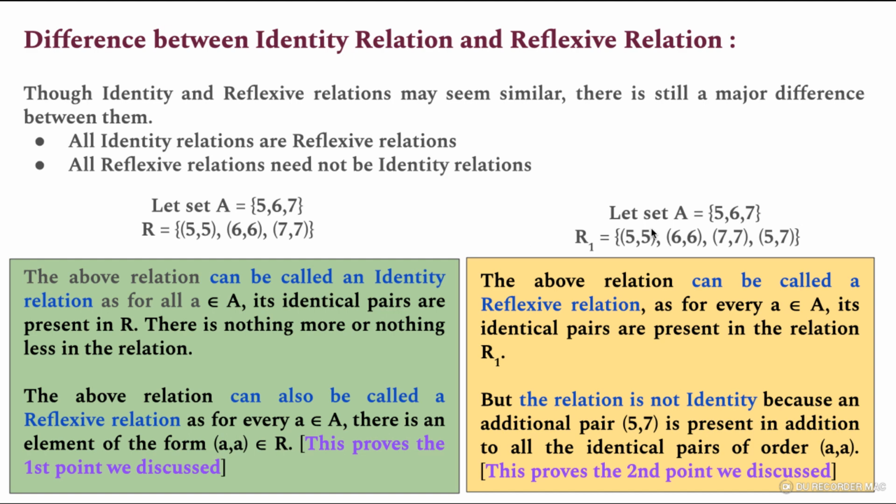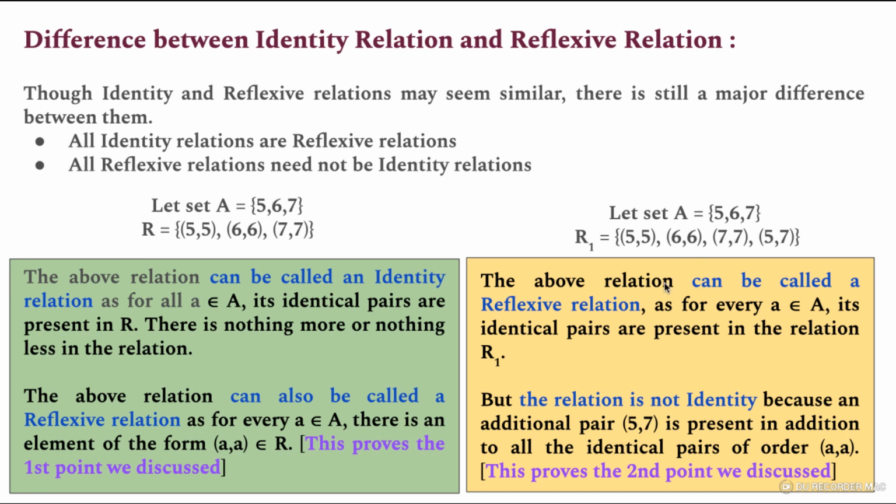Let the set A be the same, that is {5, 6, 7}, and the relation R1 is defined as {(5, 5), (6, 6), (7, 7)} and there is an extra pair, that is (5, 7). This relation can be called a reflexive relation because for every a belonging to A, we have its identical pair present in the relation R1. So this is straight away reflexive.